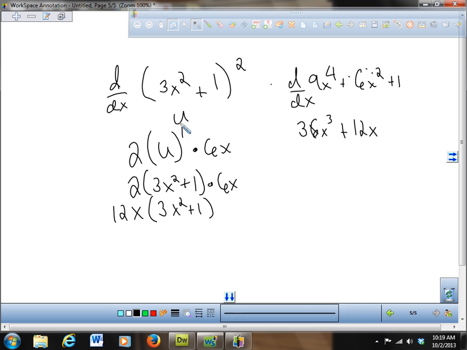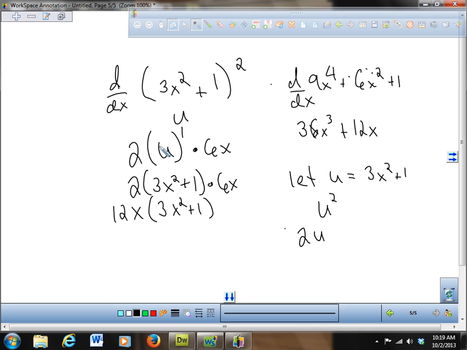This 2, because if I let u equal 3x squared plus 1, then I have u squared, and the derivative of u squared is 2u. So I kind of skipped a little step there.